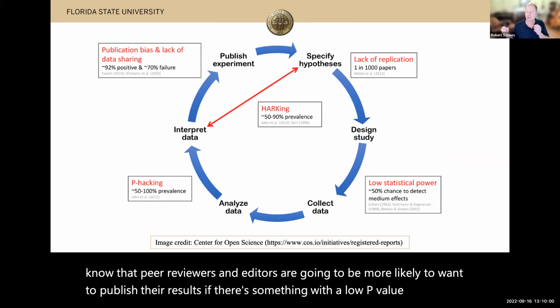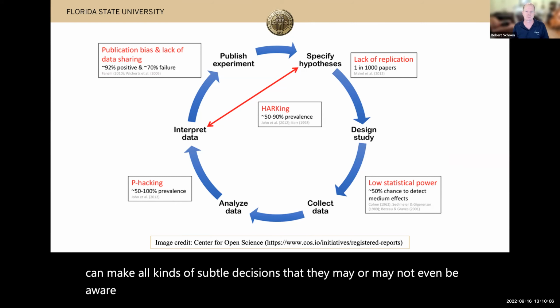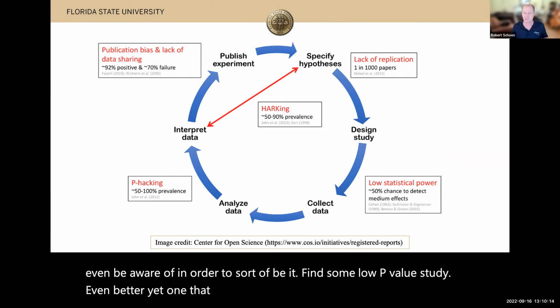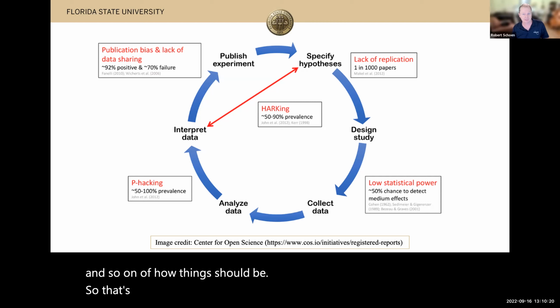So they can make all kinds of subtle decisions that they may or may not even be aware of in order to find some low p-value result, even better yet, one that aligns with our preconceived ideas and theories of how things should be. So that's a real threat to validity and the whole enterprise of science.